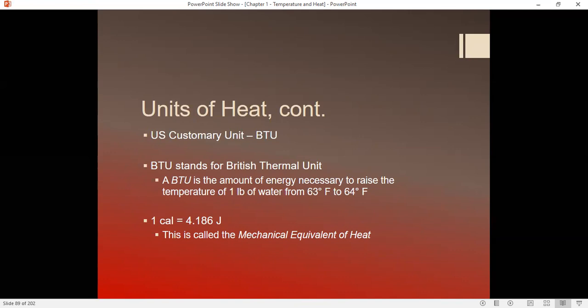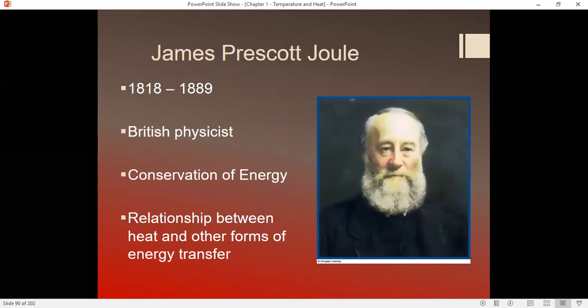It's the amount of energy necessary to raise the temperature of 1 pound of water from 63 degrees Fahrenheit to 64 degrees Fahrenheit. All right. I don't have the conversion here, but anyway.